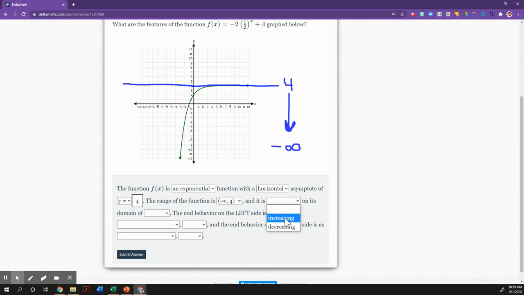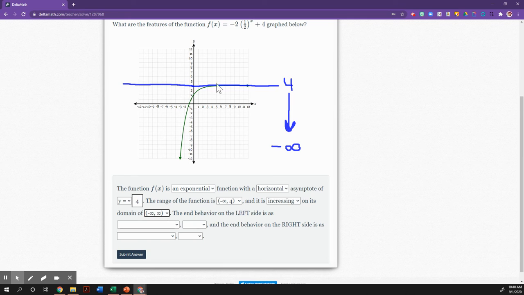If your y value here is -11 and you follow the graph, you're getting bigger. Now you just max out at 4, but with every step you're getting closer and closer to 4 without actually getting to 4. And its domain is all real numbers, so negative infinity to infinity.